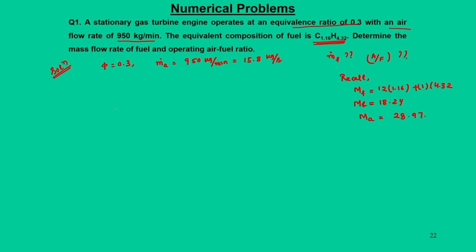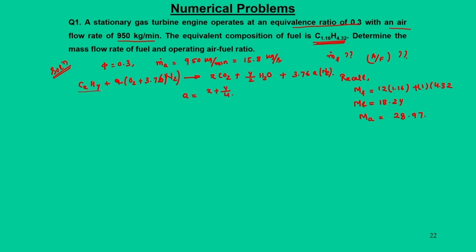Then we have to write down the equation. The general equation is Cx Hy plus A times O2 plus 3.76 N2, which gives x CO2 plus y by 2 H2O plus 3.76 A N2, where from this equation we can find that A is equal to x plus y by 4.